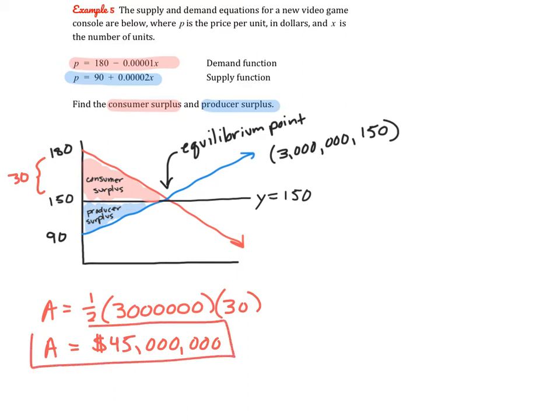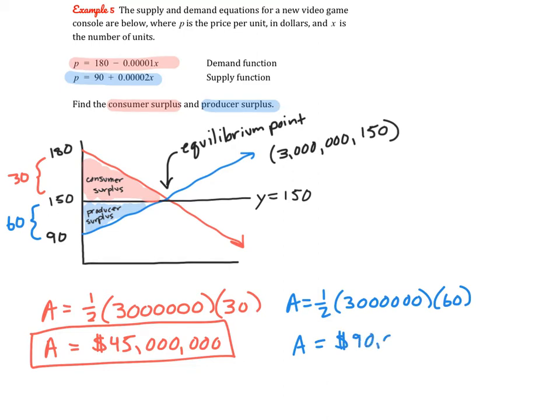So that's our consumer surplus. And now we can do the same general thing for our producer surplus. So 1/2 times the base, which is also 3 million, times the height, which is the distance from here to here, which is 60. So the producer surplus is going to be $90 million.